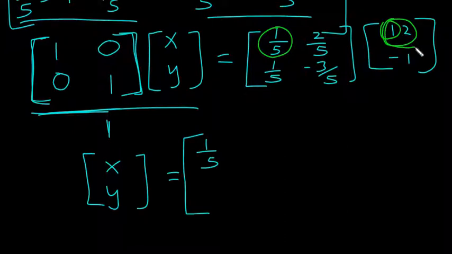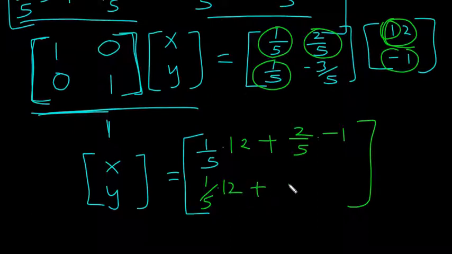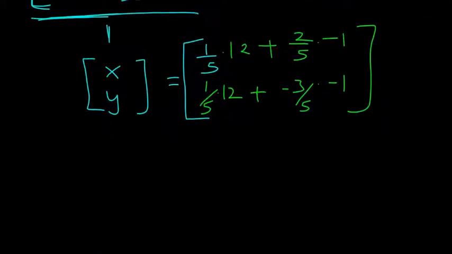So we have 1/5 multiplied by 12, and then we add 2/5 multiplied by negative 1. And for y we're going to have a fifth multiplied by 12, and then we add negative 3/5 multiplied by negative 1. Okay, so let's work this out.